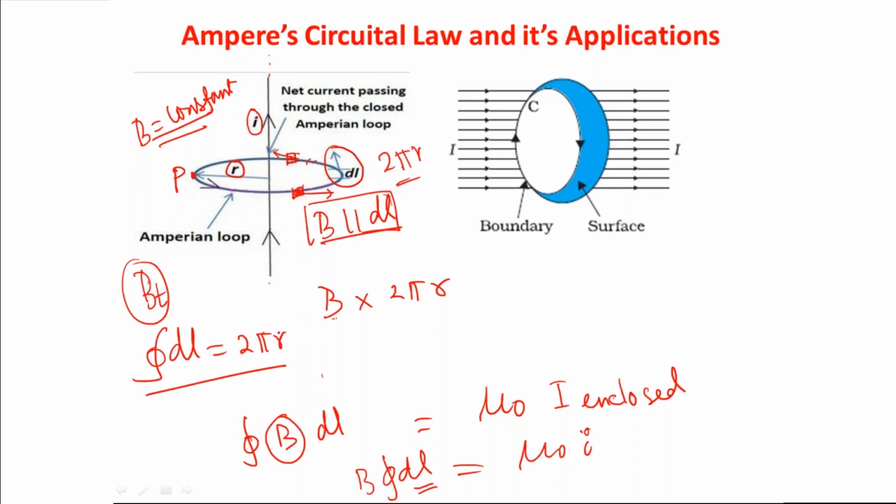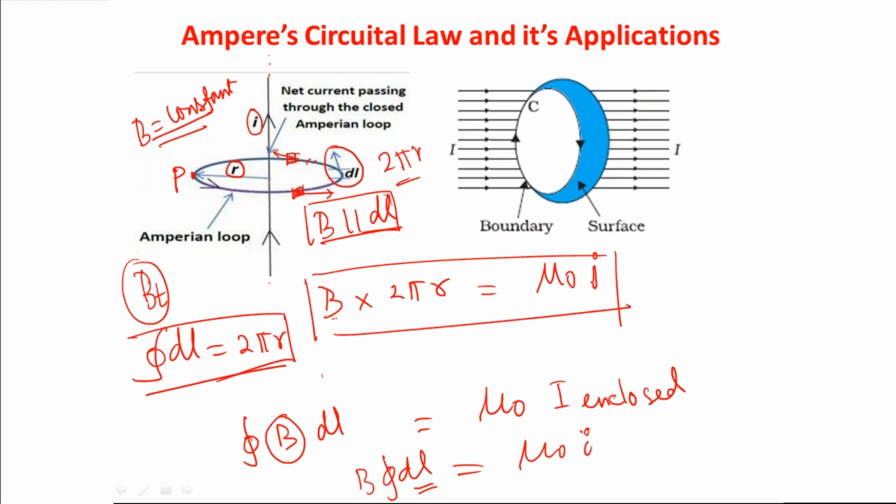This is the perimeter, which I have got upon integrating dl over the whole loop. That is nothing but the perimeter of this Amperian loop, and this is equal to mu naught I. I is the current which is passing through the circular loop. So this will be the expression, and I can write the final expression as mu naught I by 2 pi r.